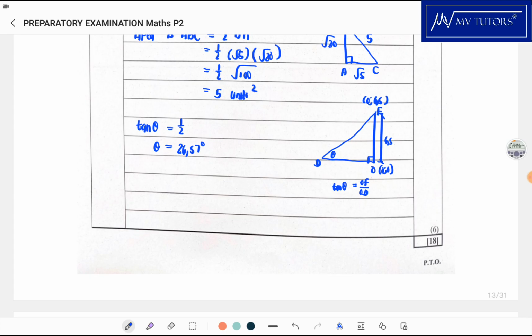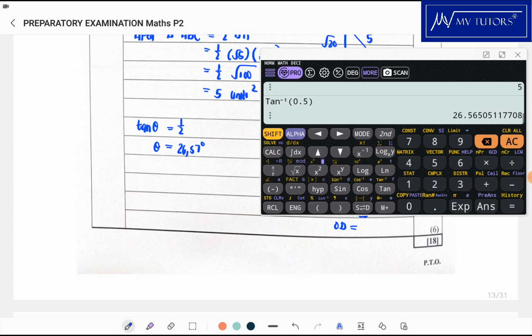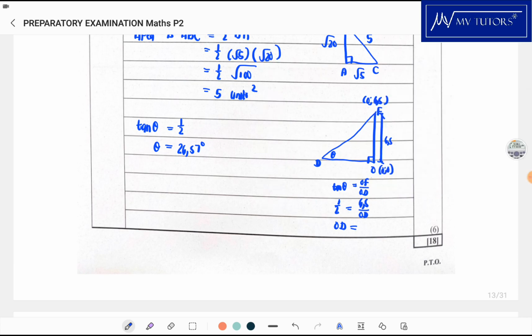Now we can say, oh gosh, I didn't really need to work this out either. So we have tan theta, which is a half, is equal to OF, 6.5, over OD. So OD is equal to 6.5 divided by a half, and that is 13. So OD is 13 units.